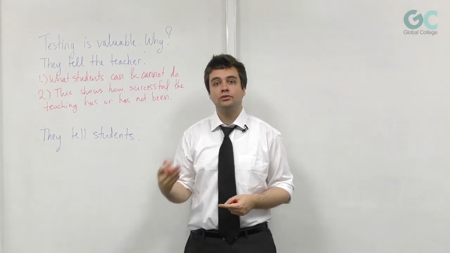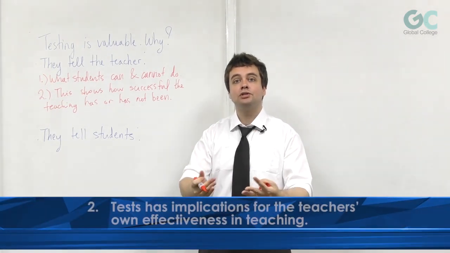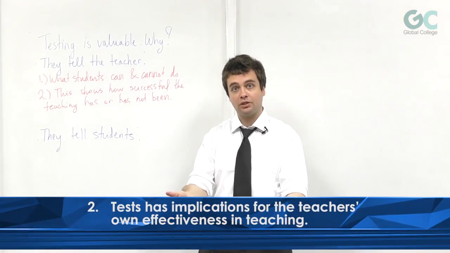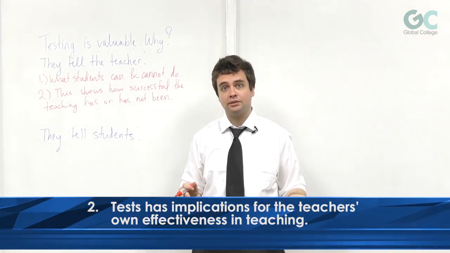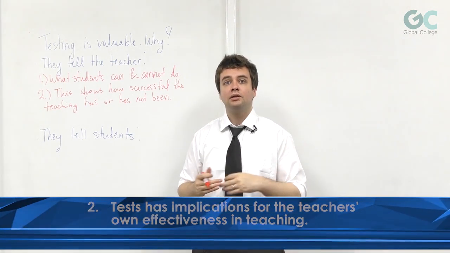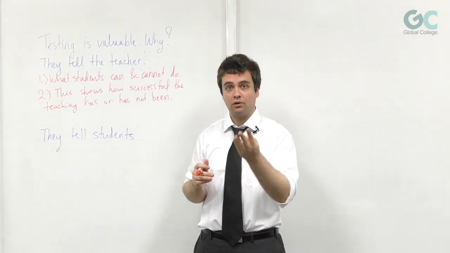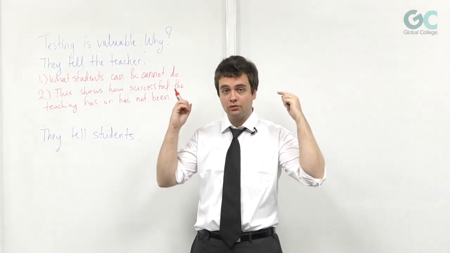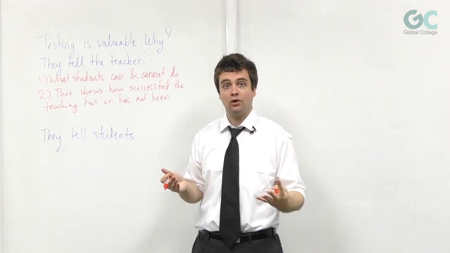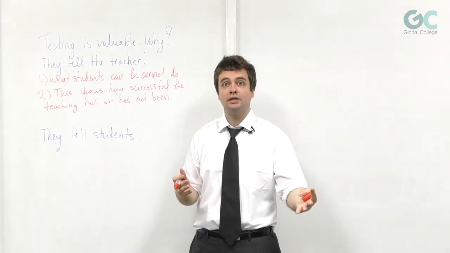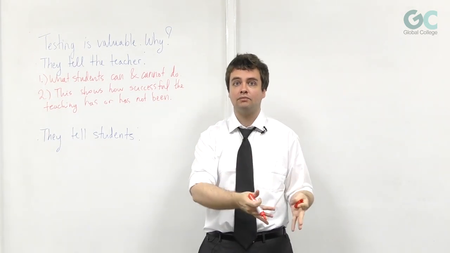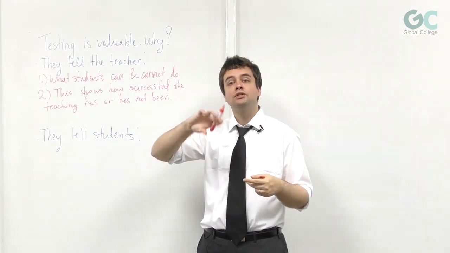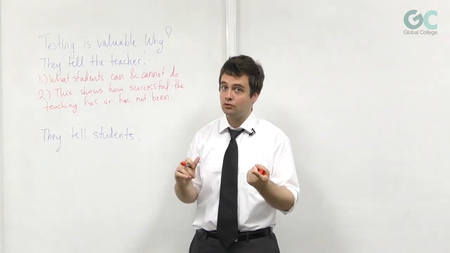Now, if all of your students do quite well on a test, congratulations, you've done a pretty good job of teaching them. However, if a lot of the students do very poorly on the test and they get a very low mark, this should be a wake-up call for you. You should realize this should be kind of an alarm. Oh no, the students have made a lot of mistakes. That means that maybe I didn't focus on a certain point enough, and I'm going to have to change my lessons in the future.